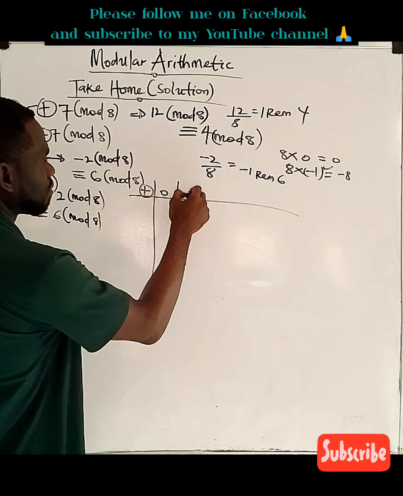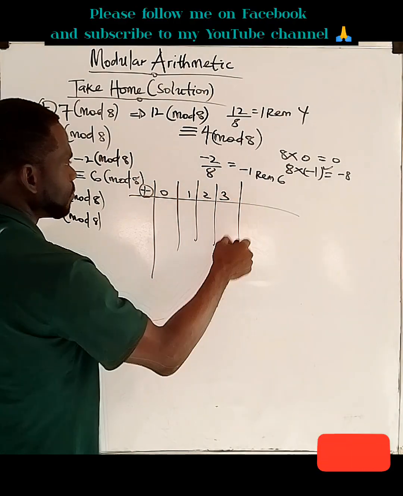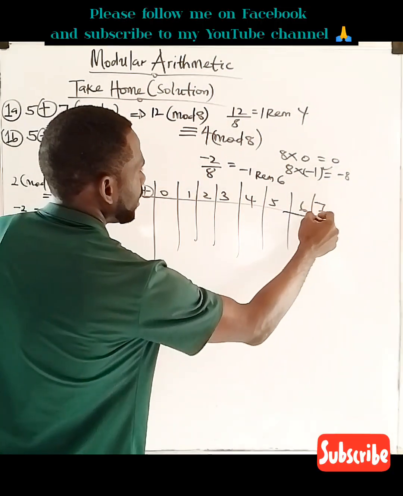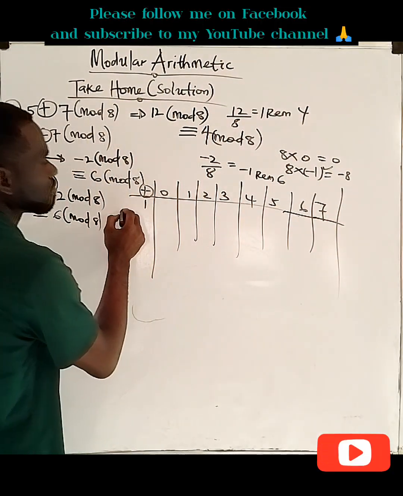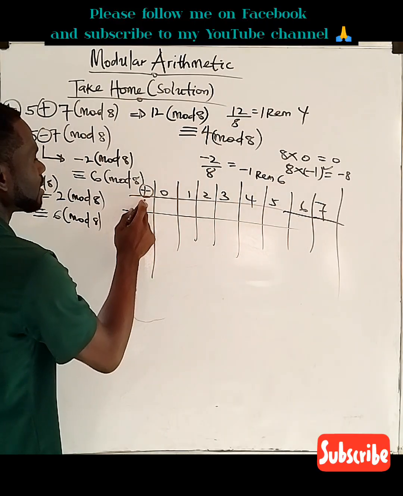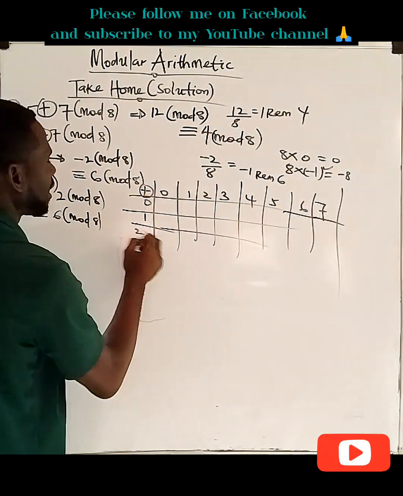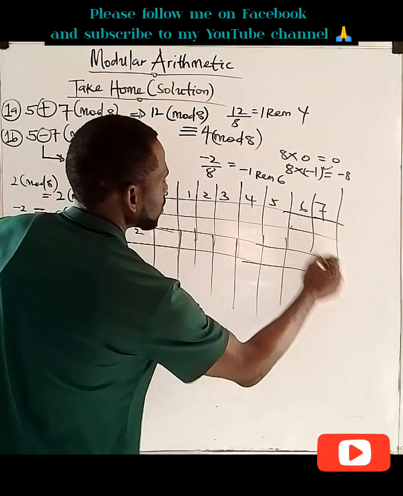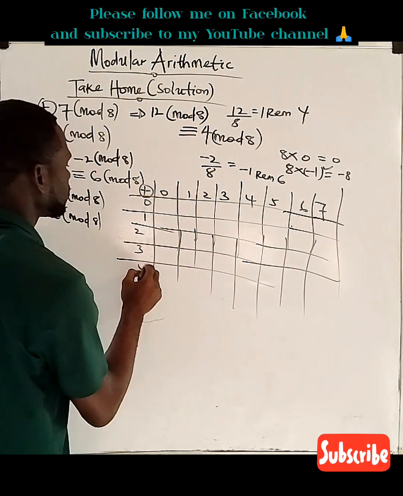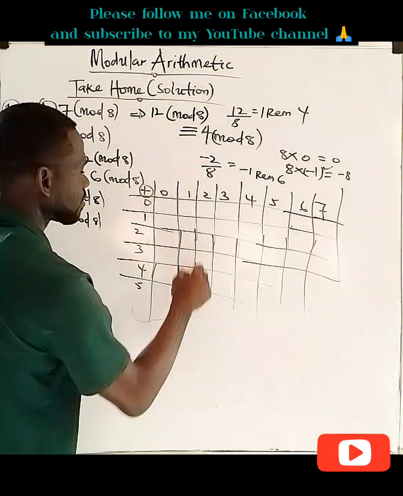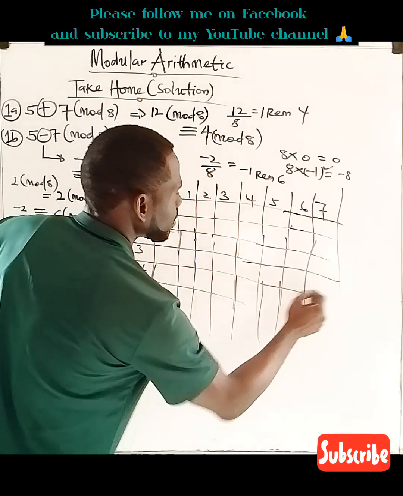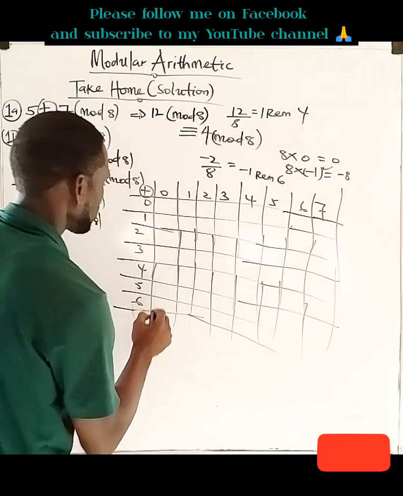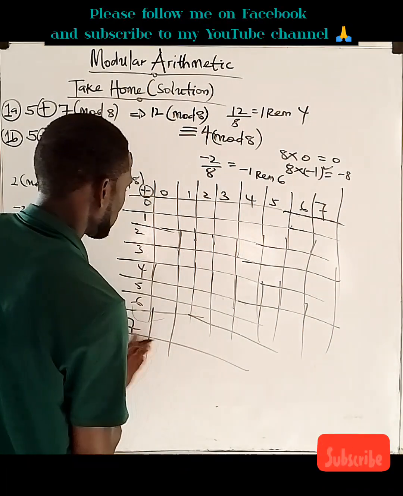So we have 0, we have 1, we have 2, we have 3, we have 4, we have 5, we have 6, and we have the very last digit 7. The same thing for those very axes. We have 0, we have 1, we have 2, then we have 3, we have 4, we have 5, and after that we have the 6, and the very last we have the 7.